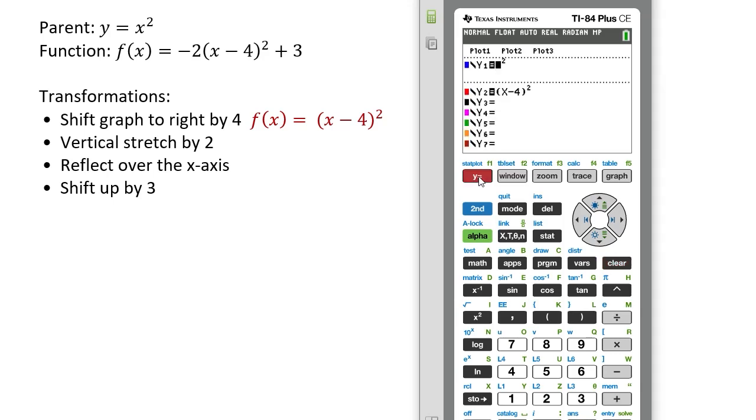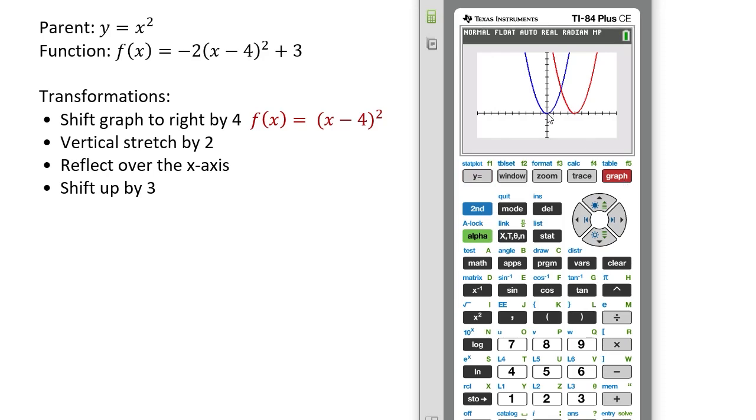I have my parent graph in blue, and my transformed graph in red. You can see that this shifts the vertex 1, 2, 3, 4 units to the right. The whole graph is picked up and moved 4 units to the right.